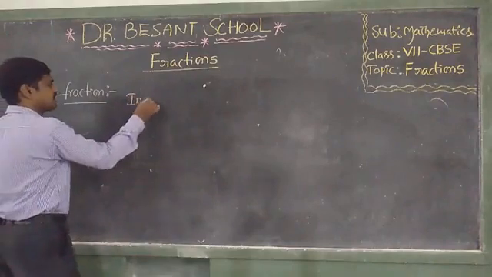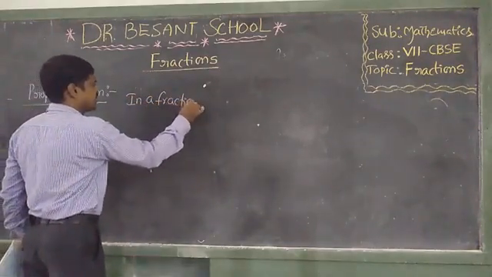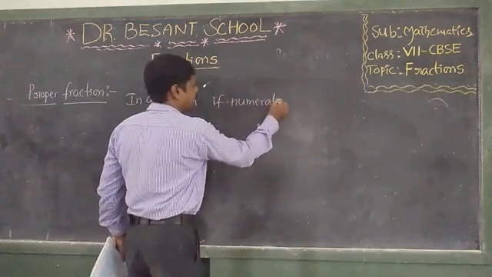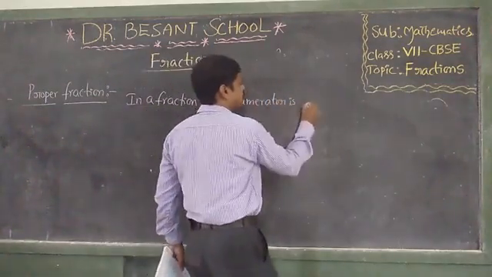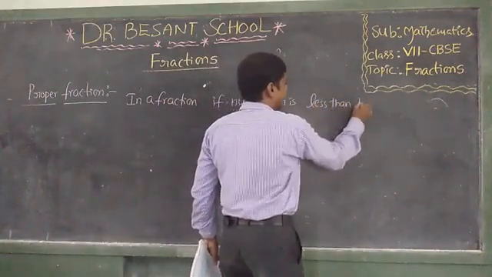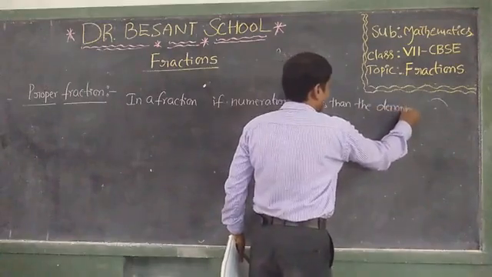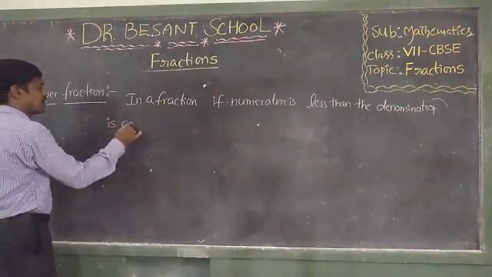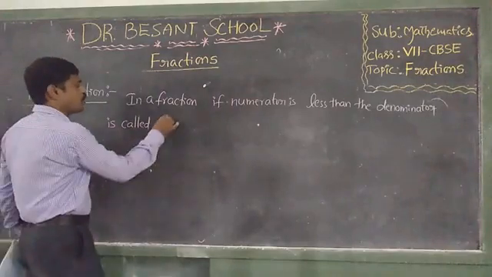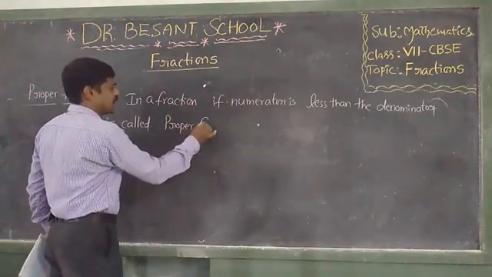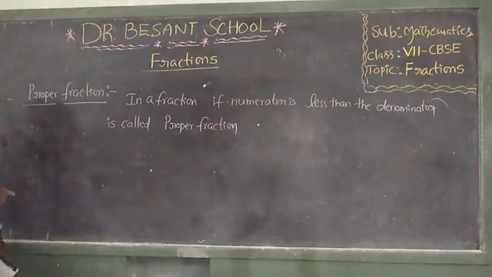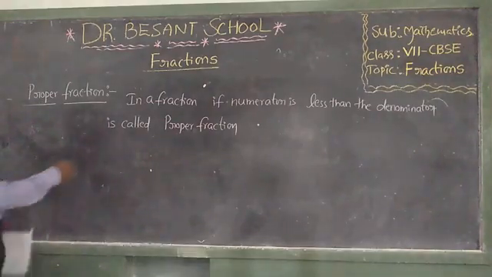In a fraction, if the numerator is smaller than or less than the denominator, then the fraction is said to be a proper fraction. Example: 9 by 13.